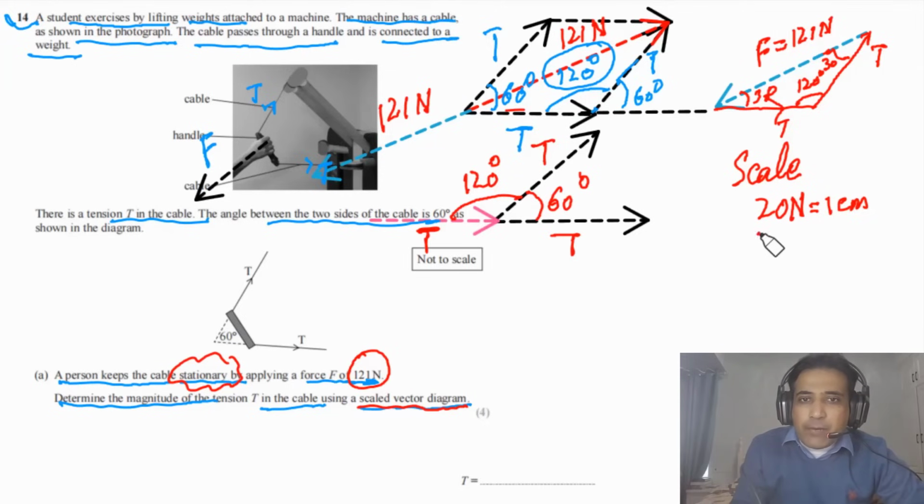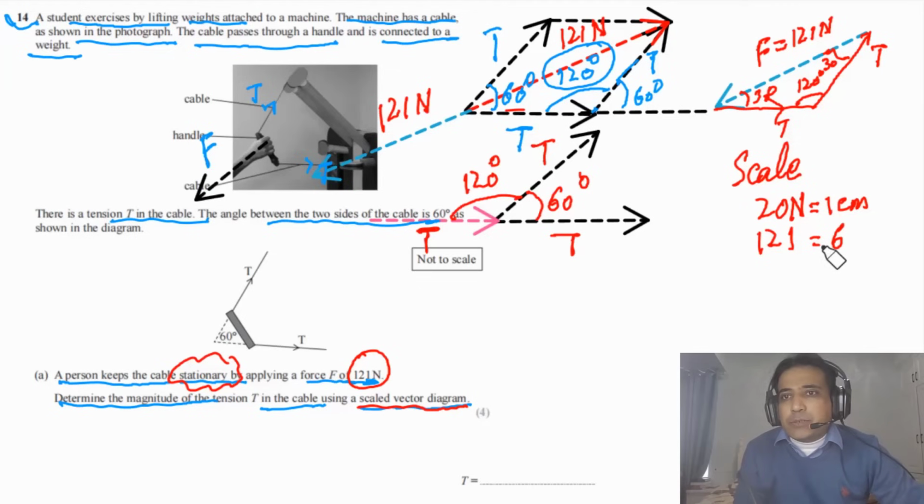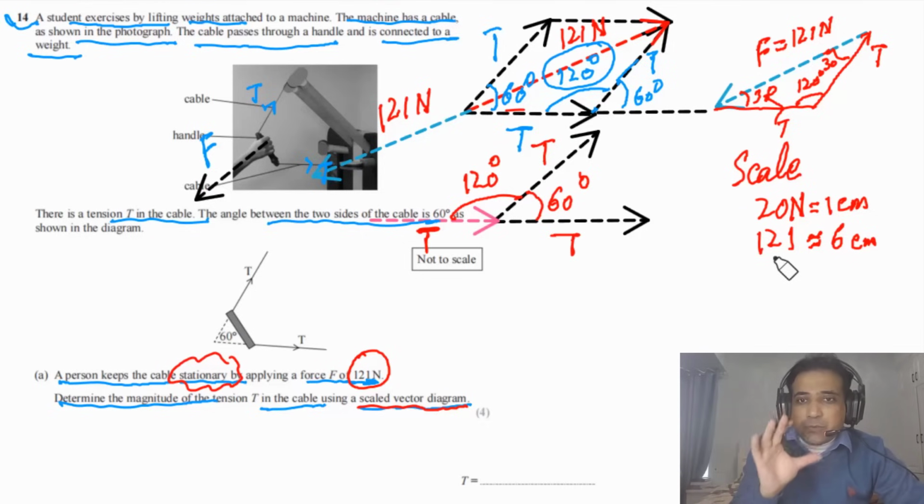So this force, 121, is roughly 6 centimeters. If you want to be very precise and accurate, you can use the exact number, but if you use 6 centimeters, that will be acceptable. So this vector has to be 6 centimeters long, and it should make an angle of 30 degrees with the horizontal. Now we need to draw the angle.